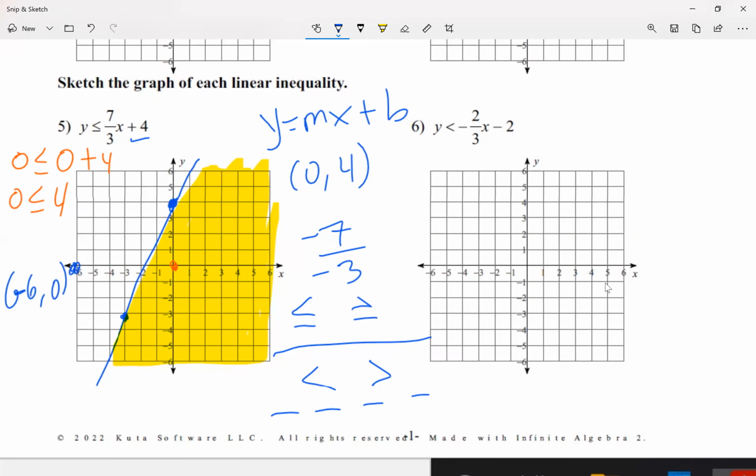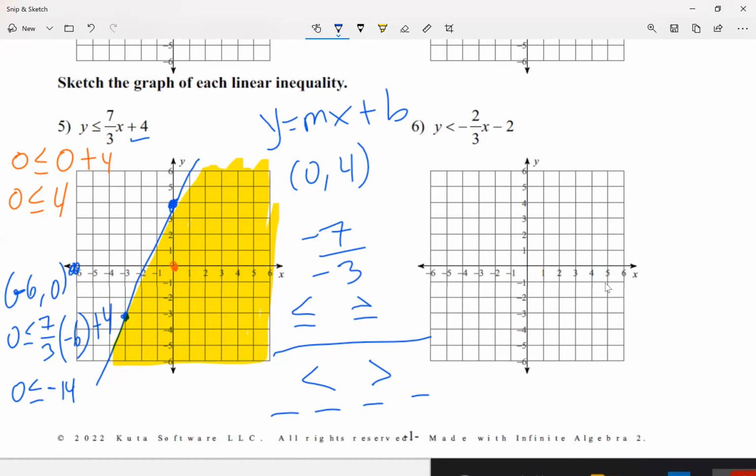So is 0 less than or equal to 7 over 3 times -6 plus 4? Now I have to do 7 times -6 divided by 3. That's -14. So I have that 0 is less than or equal to -10. Notice how it doesn't make sense.